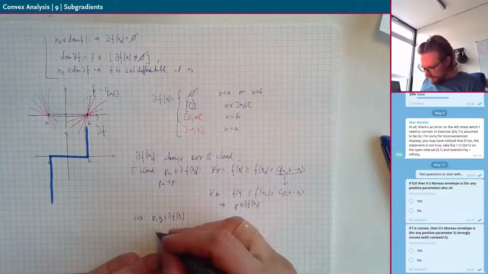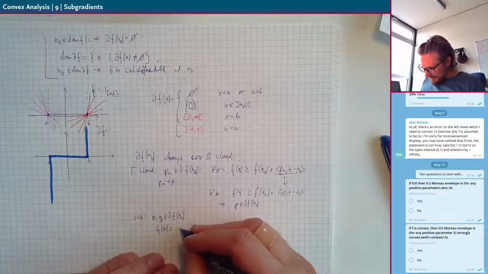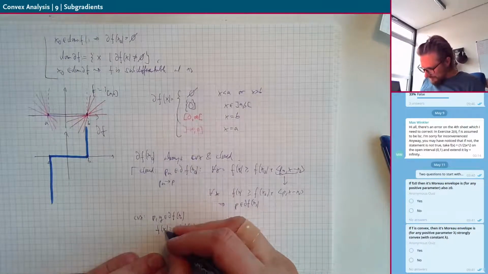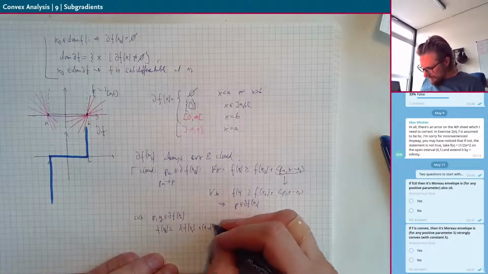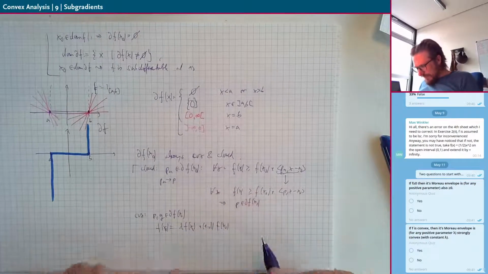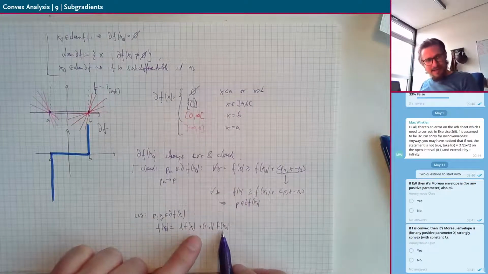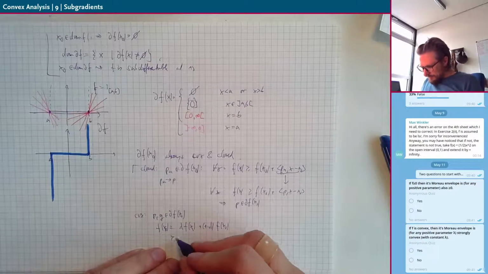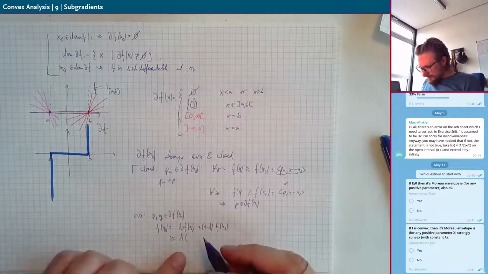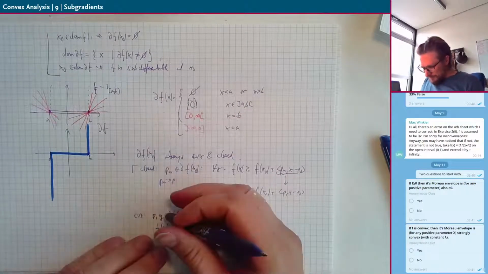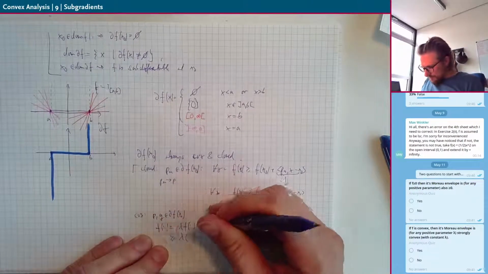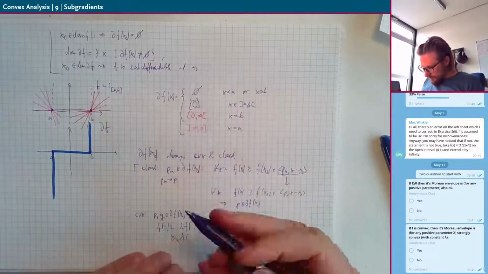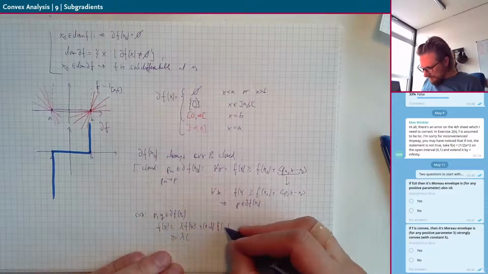So what you do now is you write down f of (lambda x plus 1 minus lambda x0) as lambda f of x plus 1 minus lambda f of x0, and use the subgradient for this and that separately. Sorry, this should have been an x again. X here, x here, x here.